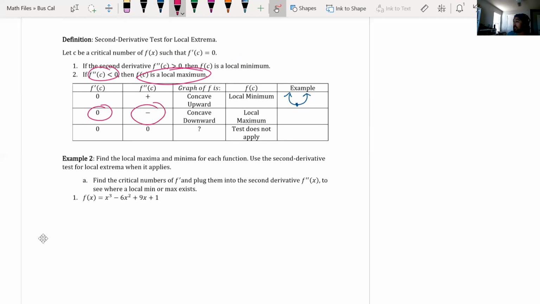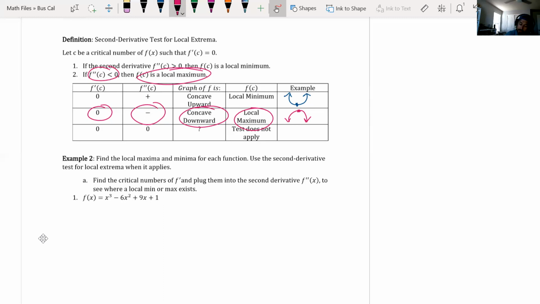If the second derivative is negative, the graph will be concave down and you'll have a local maximum. A graph that looks concave down looks like that, and the high point will be a local maximum.